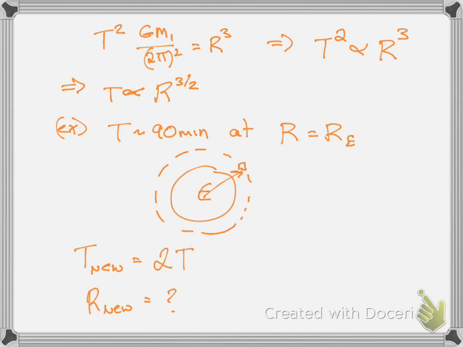We said T, which was 90 minutes, would be proportional to something times the Earth radius to the 3/2. So T new must be 2 times T, so it must be 2 times R_E to the 3/2.